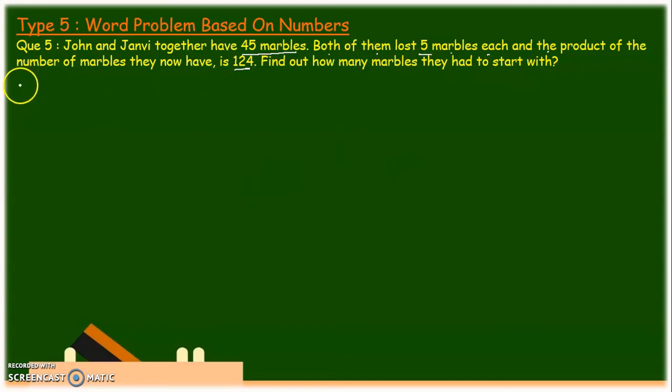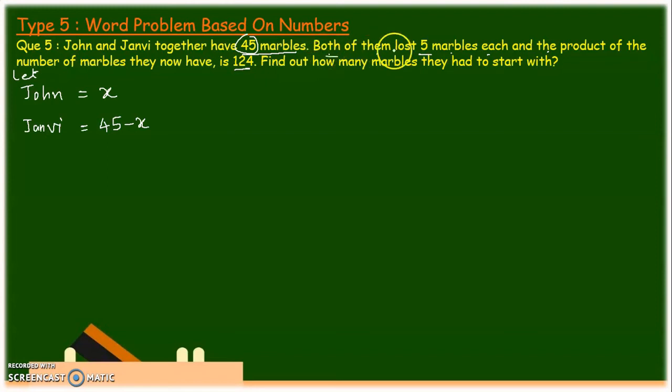So here we have John and Janvi together have 45 marbles. So if we assume that John has x number of marbles, then Janvi will have 45 minus x marbles, because the addition of those two should be equal to 45.